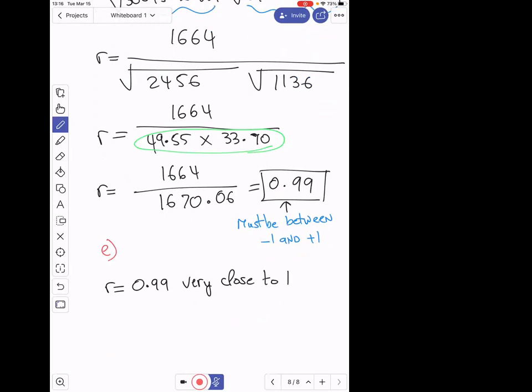So when your R is very close to 1 or -1, then the correlation is, of course, very strong. This is a very strong linear correlation, right? So then the correlation is very strong. Okay.